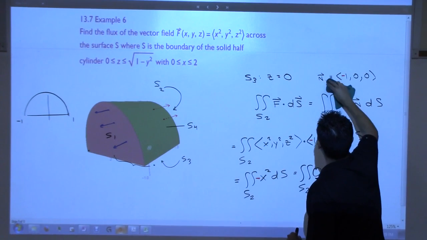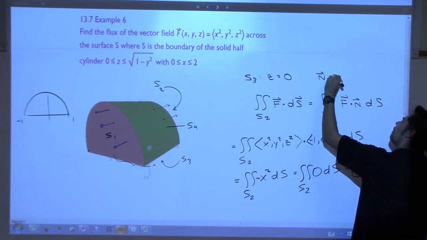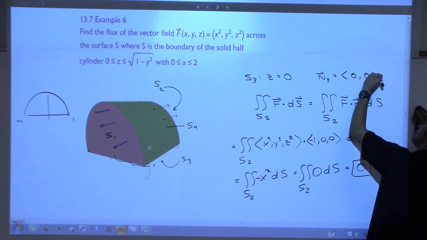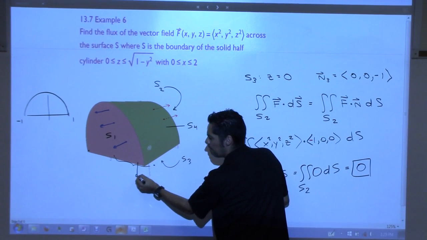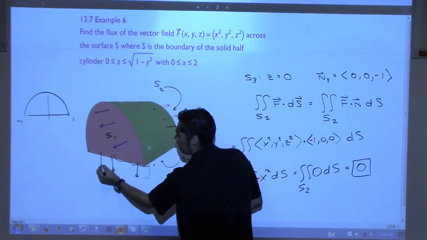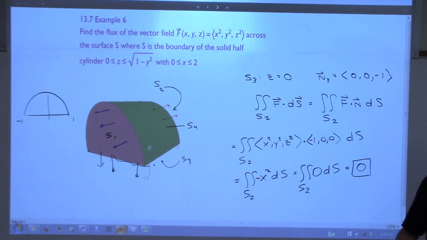How about a normal vector for that surface? 0, 0, negative 1, because your normal vectors will be pointing straight downward off the bottom of that surface. So that would be negative k hat. Agreed?